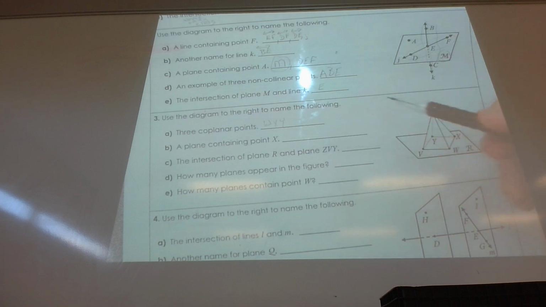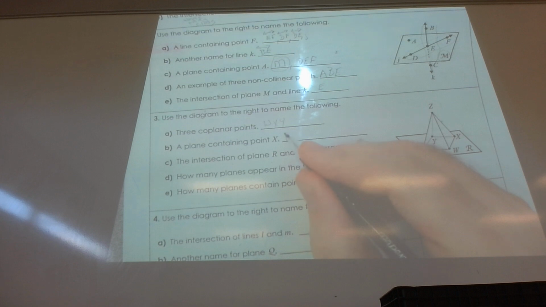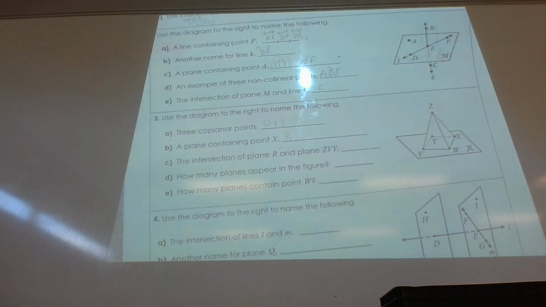Now, a plane containing point X. Now, there are several different possible answers to this question. The easiest is R. But the reason I say there's several possible answers is this triangle here forms a plane.